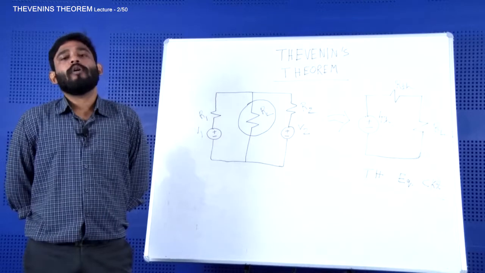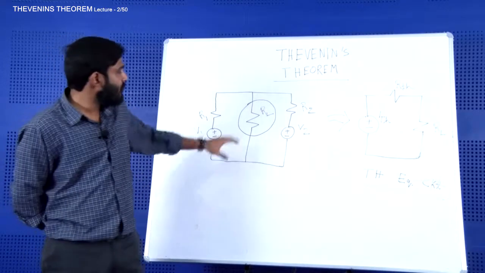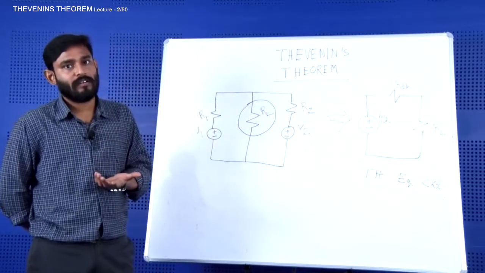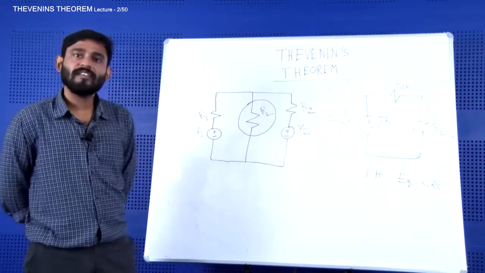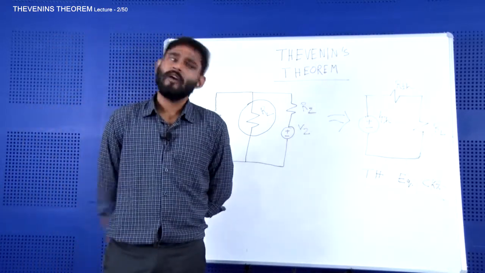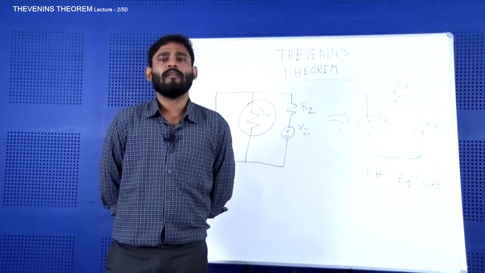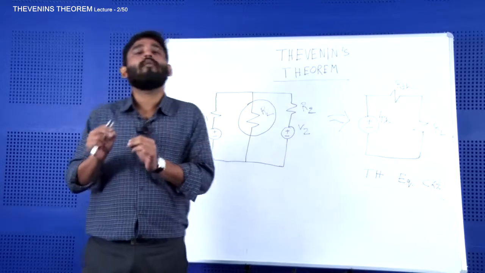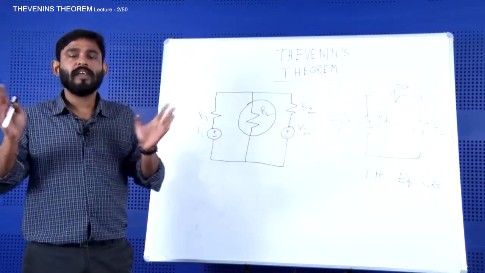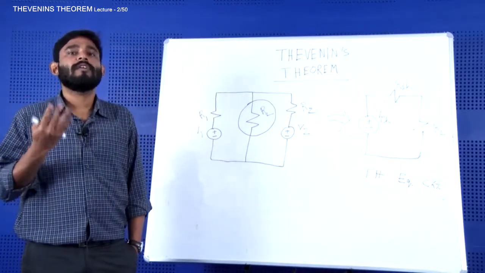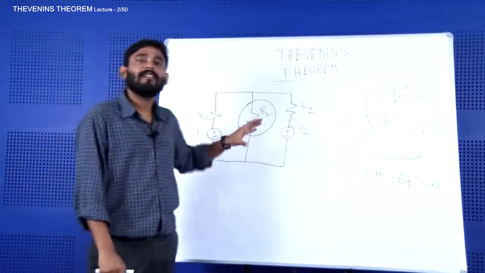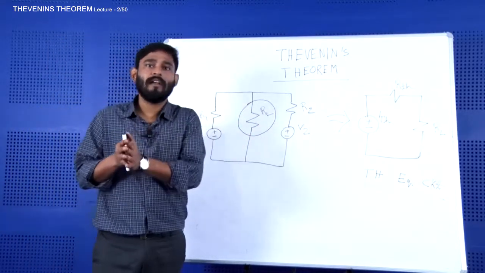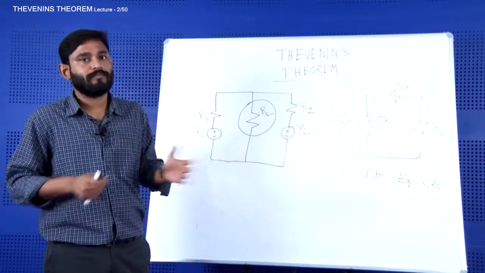RL is our point of interest. In this case, we have to analyze either what amount of current is flowing through this RL, or what amount of voltage is being generated across the RL, or maybe you have to calculate the power dissipated through RL. Anyway, RL is our point of interest. The whole thing basically revolves around RL.